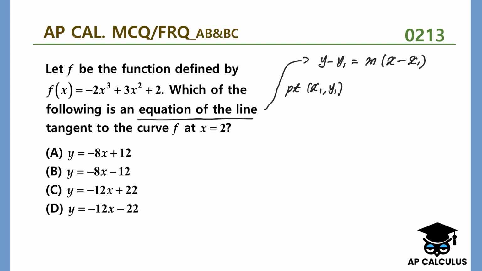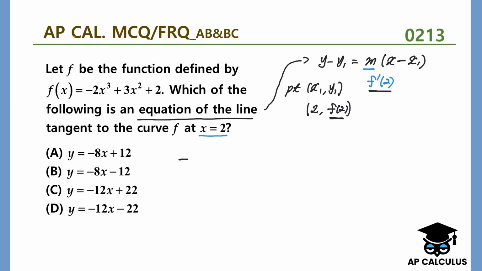So this slope must be equal to f prime, and we're trying to find the equation at x equal 2, so f prime 2, right? What is the point? When x is equal to 2, y is f of 2, right? So far so good? Okay, so we're going to have to find this f of 2 and f prime 2 to find the equation of tangent line.